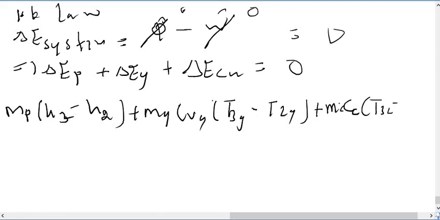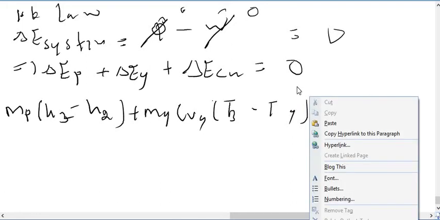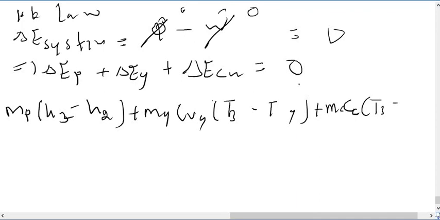This theta 3 is the same, we just leave it as theta 3 to avoid confusion, because it's the equilibrium temperature. So we leave it as theta 3 because the theta 3 of copper and theta 3 of gas is the same. So let me call it theta 3, that's the temperature of state 3. So therefore minus the temperature 2 of the copper.